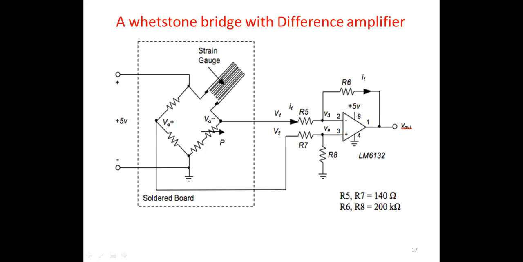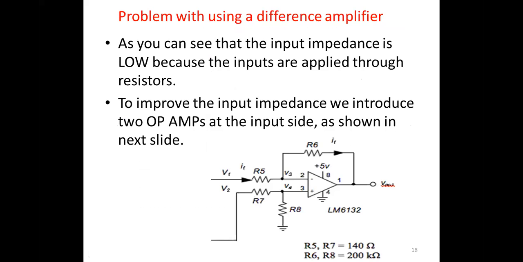But the problem with using a difference amplifier is that, as you can see, the input impedance is low because the inputs are applied through these resistors. The input V1 is coming here, V2 is coming here.